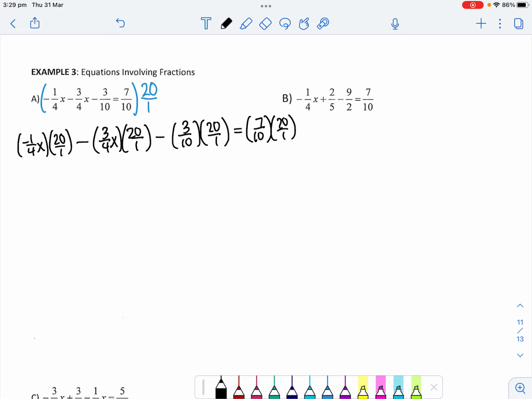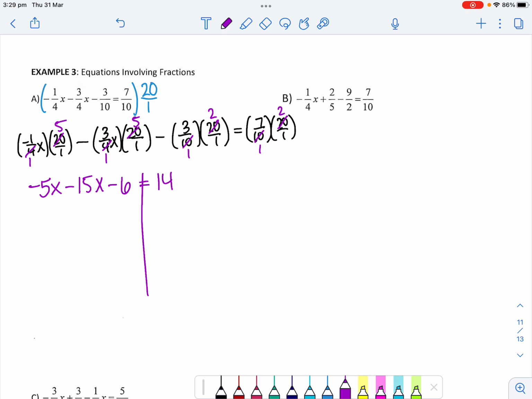And I'm going to do all of that cross-canceling. So this is a 1, this is a 5. This is a 1, this is a 5. This is a 1, this is a 2. This is a 1, this is a 2. So I'm going to have -5x minus 15x minus 6 equals 14.